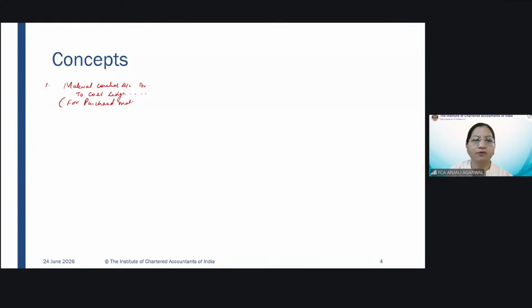It doesn't matter whether you're purchasing on cash or on credit. Costing is not concerned with whether the payment is made or not. That's the job of finance. Costing is only concerned that an expense has been incurred. Put this raw material into stores.